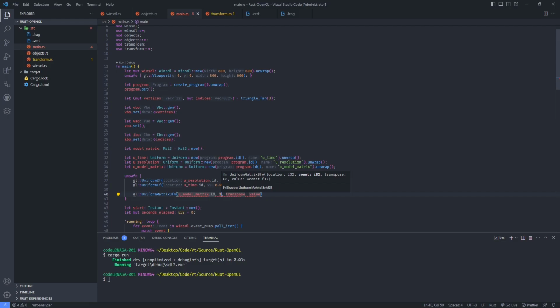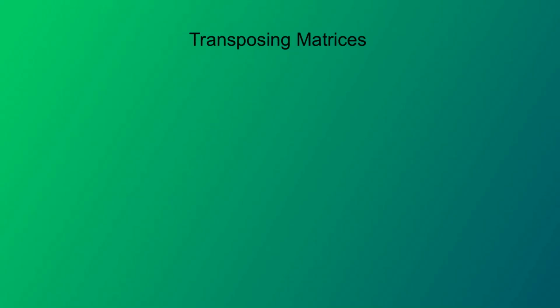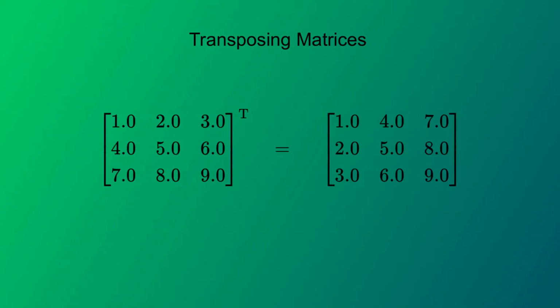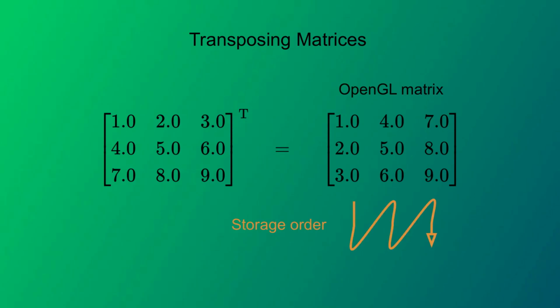The third parameter is whether or not to transpose the matrix. Transposing a matrix means flipping it over its diagonal, which has the effect of swapping rows and columns. The first row becomes the first column, same goes for the second, etc. OpenGL happens to expect matrices to be column major, which represents values of the matrix contiguously column by column in memory.